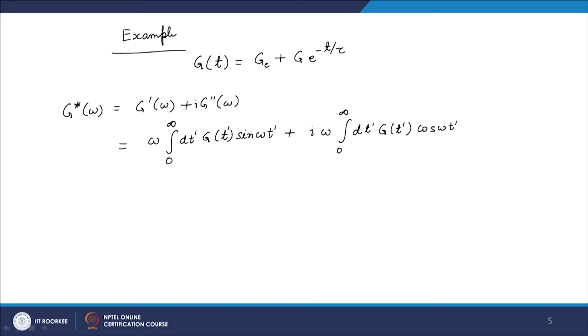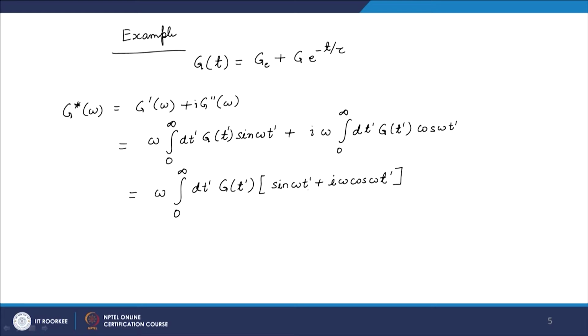So, this I can write as omega multiplied with integral 0 to infinity dt prime G t prime sin omega t prime plus I omega cos omega t prime.